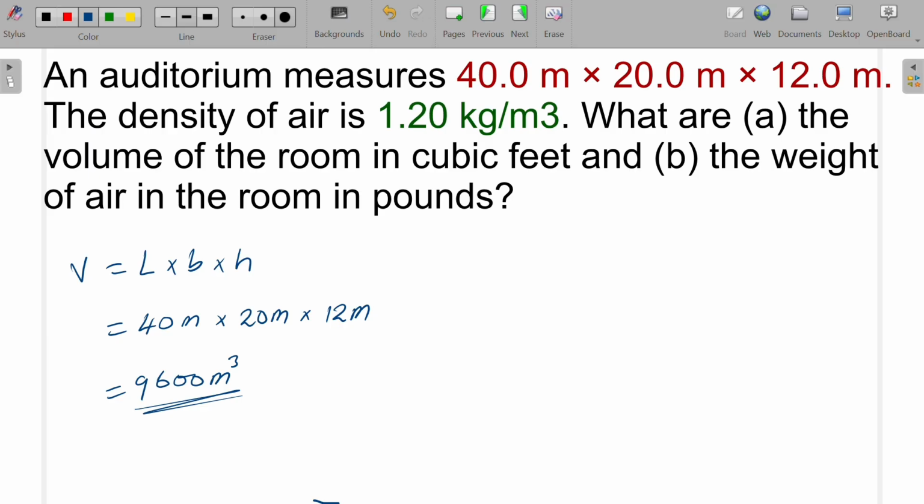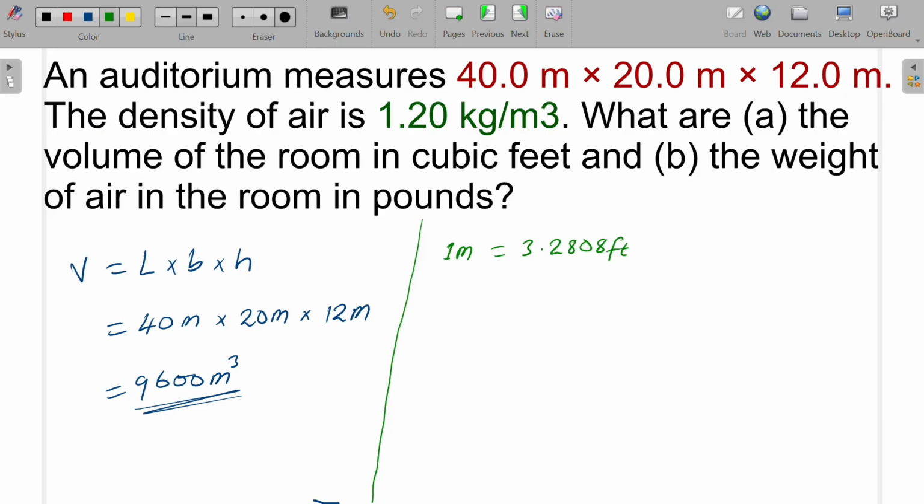Now, this is our volume in cubic meters, but we need to find this volume in cubic feet. So let's go ahead and find that. To change volume from cubic meters to cubic feet, the conversion we need is 1 meter is equal to 3.2808 feet.